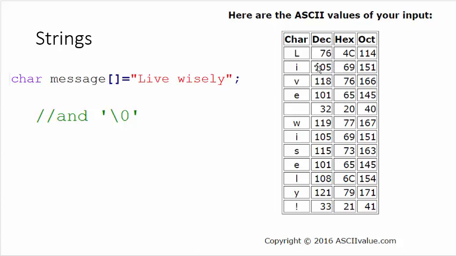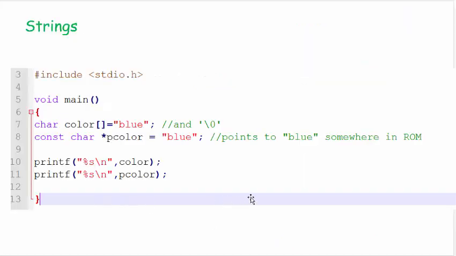There are little programs that you can just Google, and you can convert any character string you want and see what it looks like in hexadecimal. This was from the asciivalue.com website. I entered my phrase, and it converted it to the corresponding numeric values that are stored in your computer. This becomes important when we use some of our string functions.